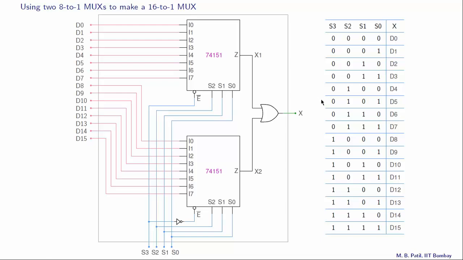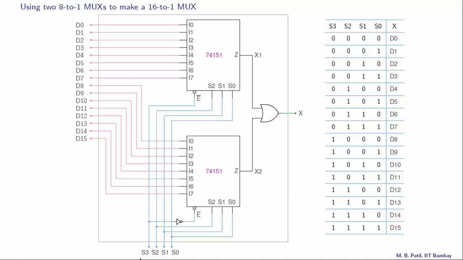So here is the truth table that we expect from our 16-to-1 multiplexer. These are the select lines and that is the output. So this entire box is supposed to function as the 16-to-1 multiplexer. These are the input lines from D0 to D15.